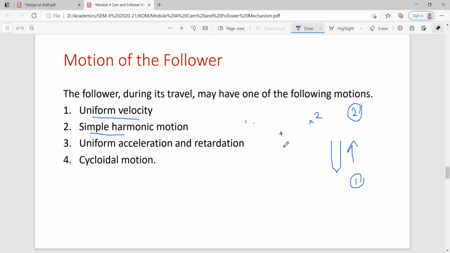The particle travels between these two points, 1 to 2, 2 to 1, like this. In simple harmonic motion, the acceleration of the particle is directly proportional to its distance from the center.